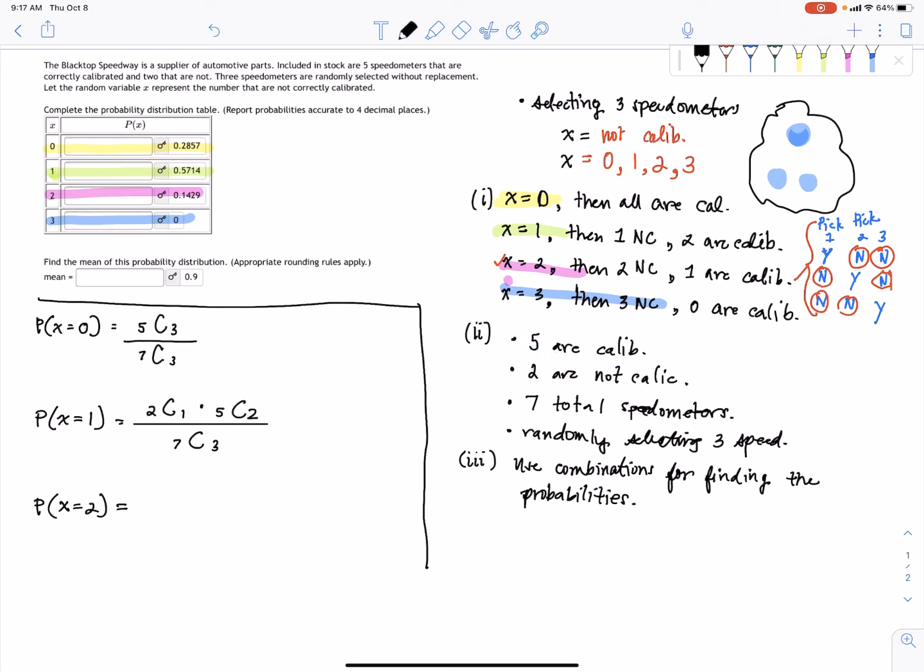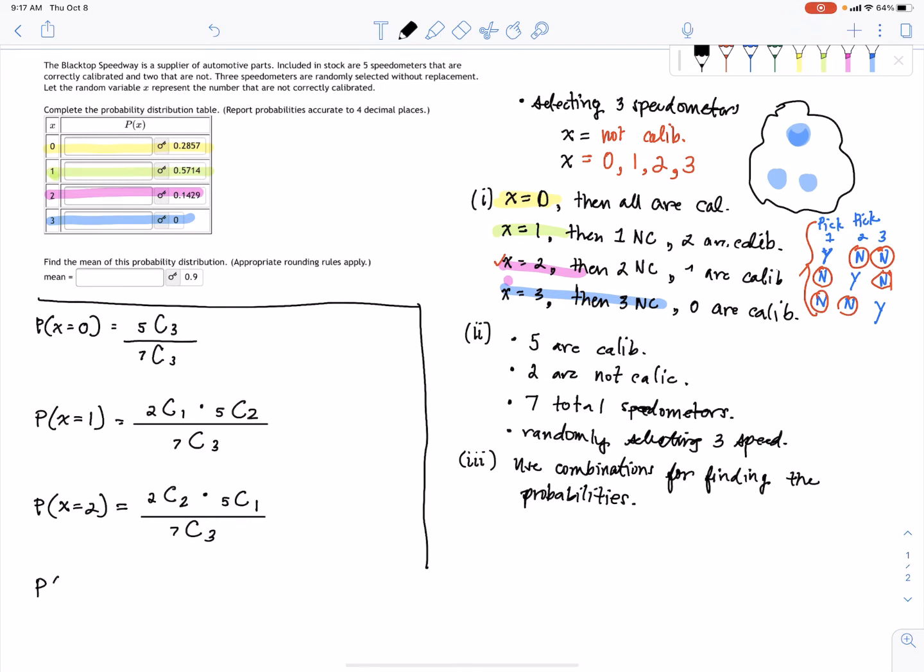So if I pick 2 that are not calibrated out of the 2, then I have 2 choose 2 because I'm picking all of the not calibrated speedometers. But that leaves me with 1 that I'm picking that is calibrated out of the 5. So that means I have 5 choose 1 that's calibrated out of the 7 in the box that I randomly choose 3.